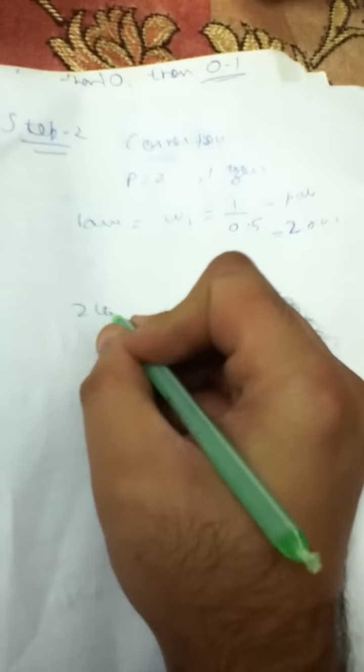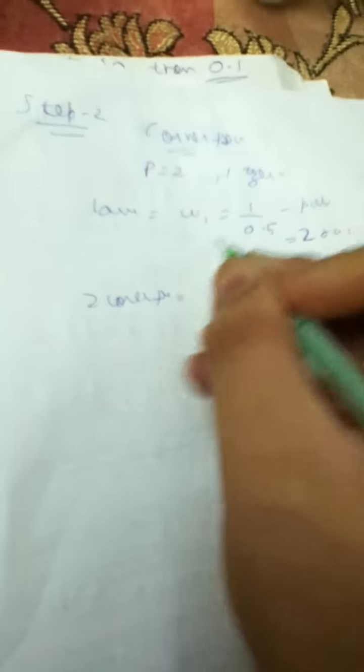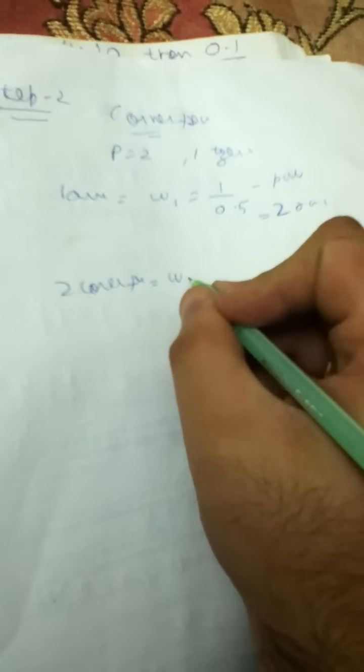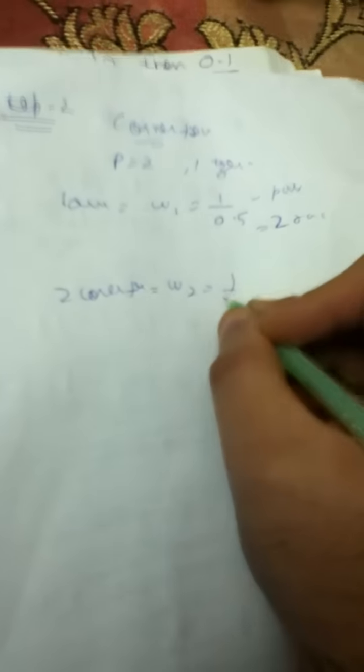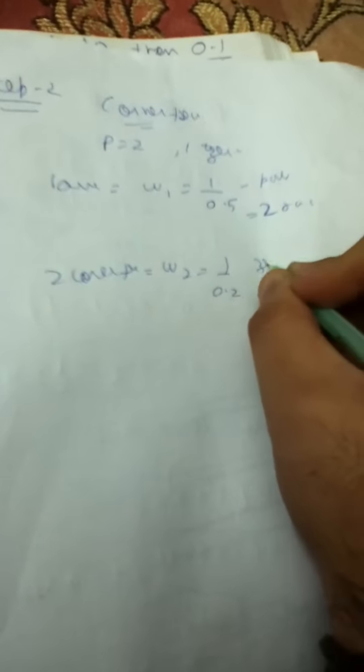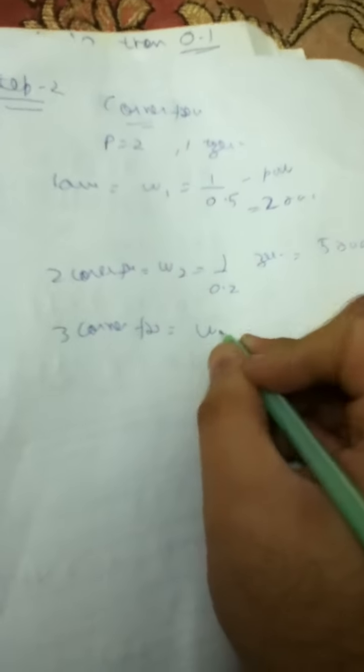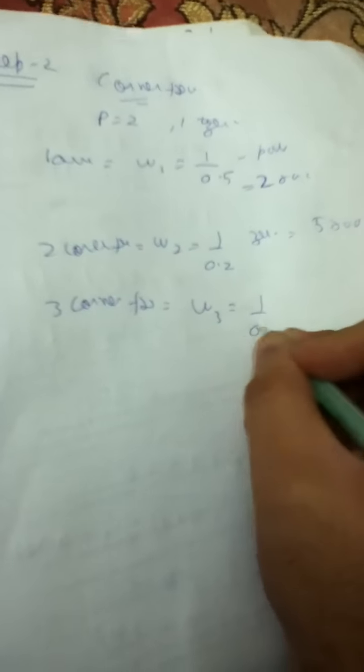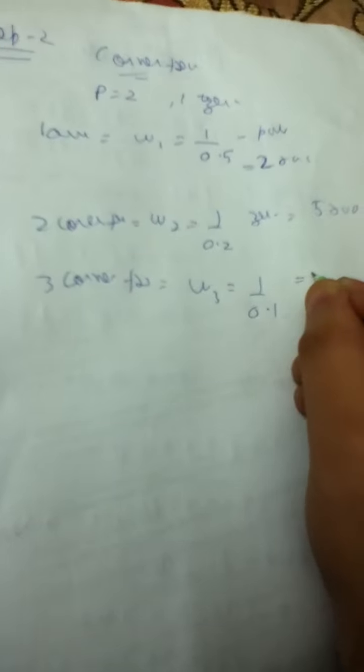And now the second corner frequency, omega 2 equals 1 by 0.2, which is the zero, which comes out to be 5 radians. The third corner frequency, omega 3 equals 1 by 0.1, which comes out to be 10 radians.